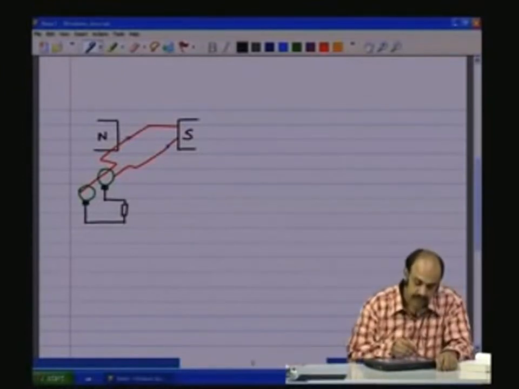Now, these brushes are in spring contact with the ring to which the coil is soldered. One end of the coil is soldered to one ring, and the other end of the coil is soldered to another ring, and that is in contact with this brush.